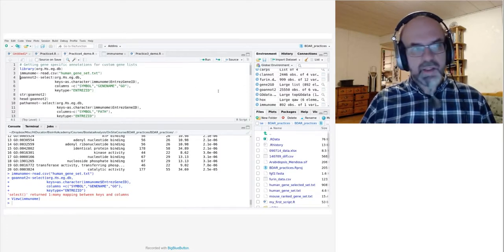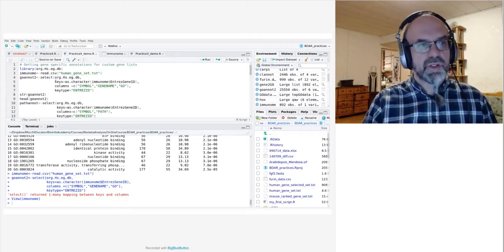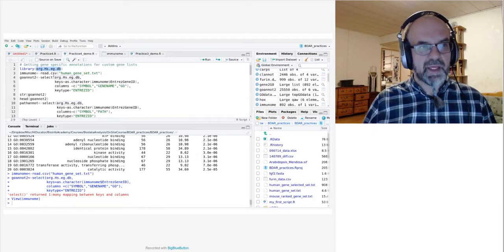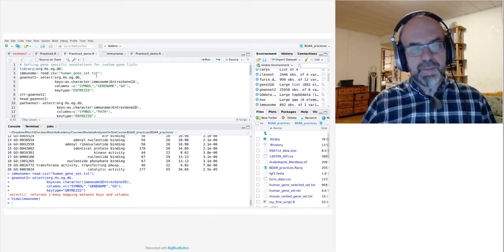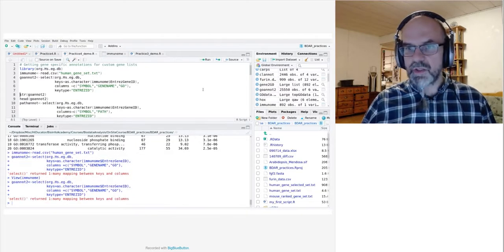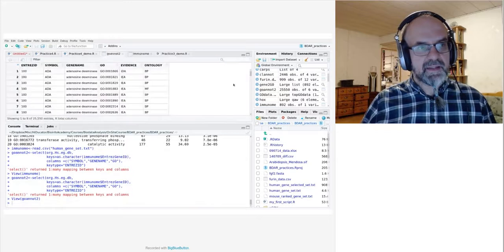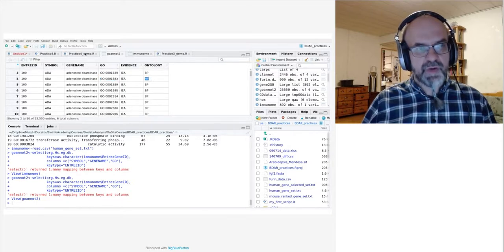So I will use a database file which is installed as an R package, org.Hs.eg.db, and I'm just picking up a list of annotations. Here you can see that there are gene symbols, Entrez gene IDs, and individual gene ontology IDs. Approximately that's what we can observe there.